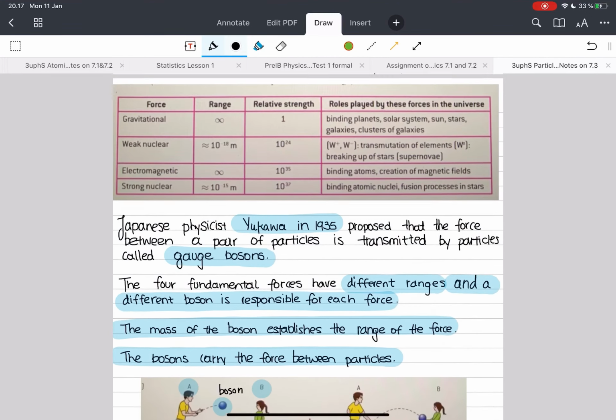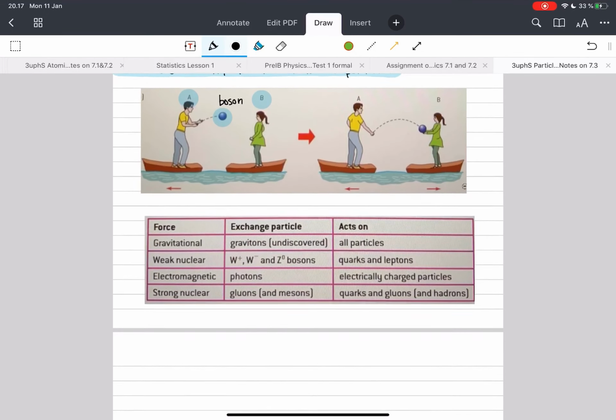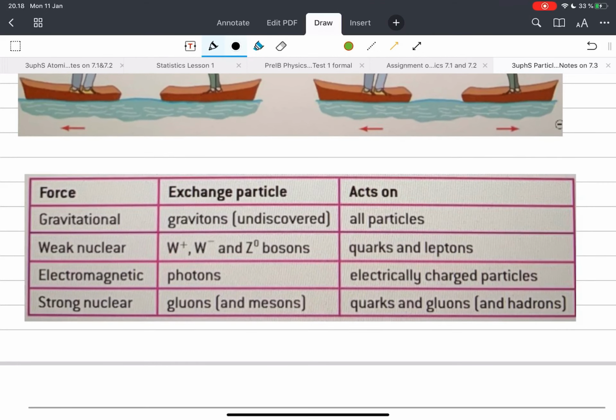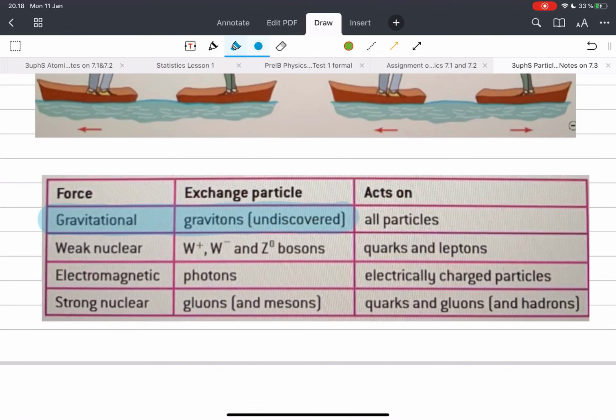Each force out of those four fundamental forces that we saw has different exchange particles. For instance, for the gravitational force, the exchange particle is the graviton. We haven't discovered it yet, that's why it says undiscovered. The weak nuclear force has those three particles, the W plus, W minus, and Z0 bosons. The electromagnetic force carriers are the photons, and the strong nuclear force carriers are the gluons.